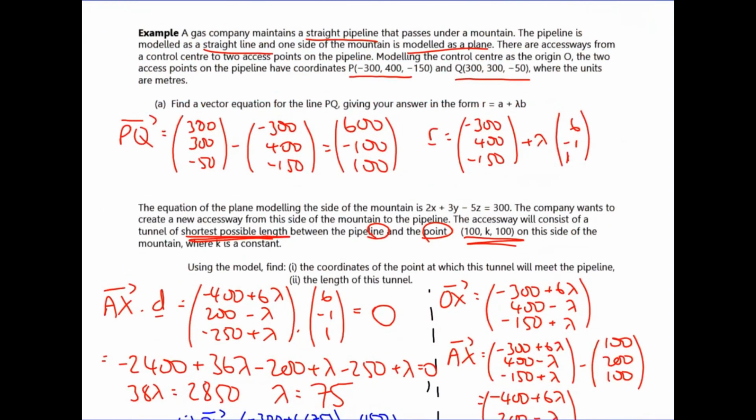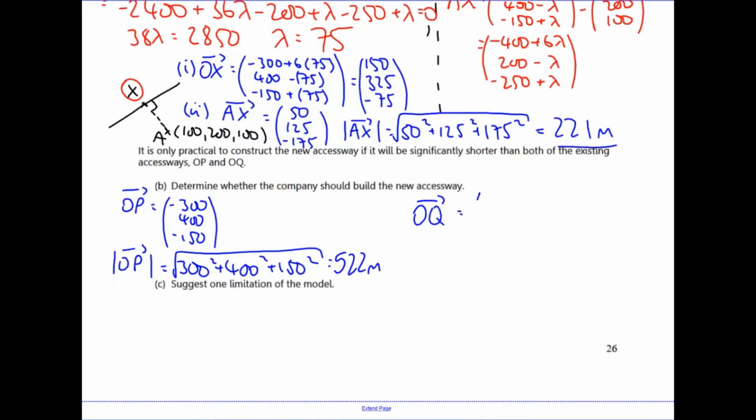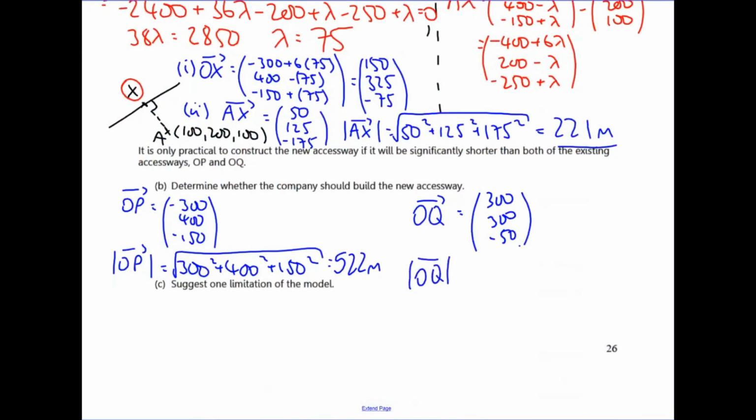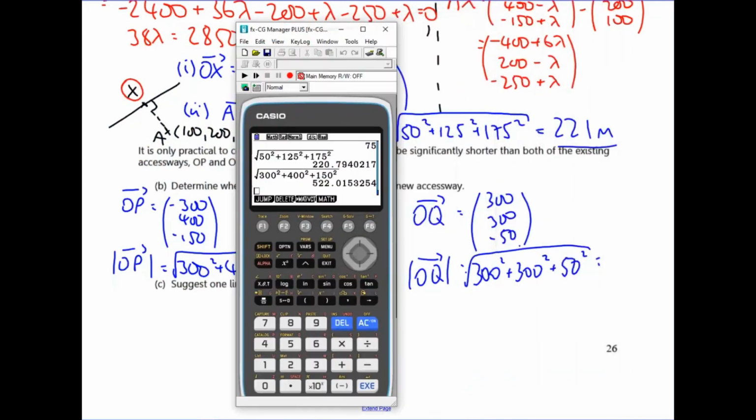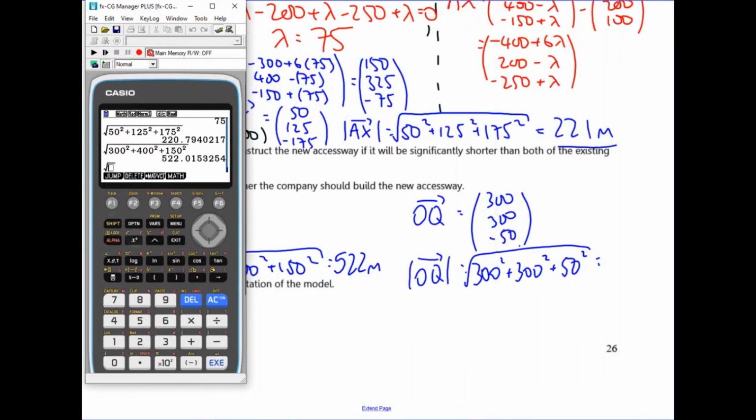Coordinates of OQ, 50. And if we do the magnitude of OQ, 300 squared plus 300 squared plus 50 squared, square rooted, gives us 427, again much bigger.